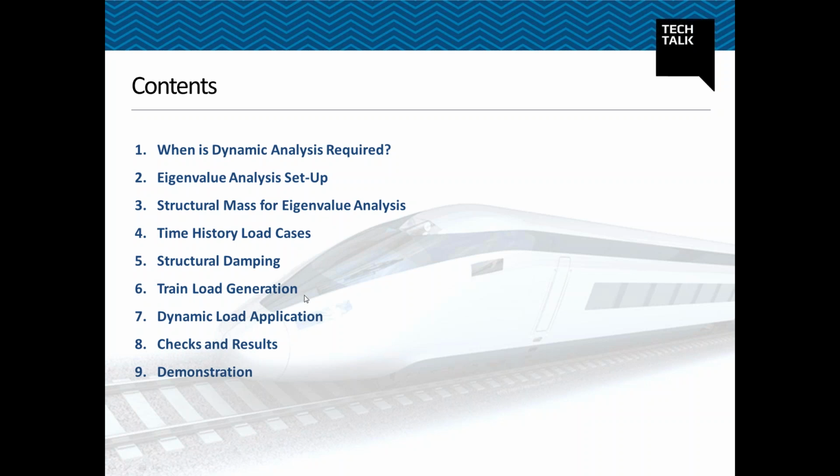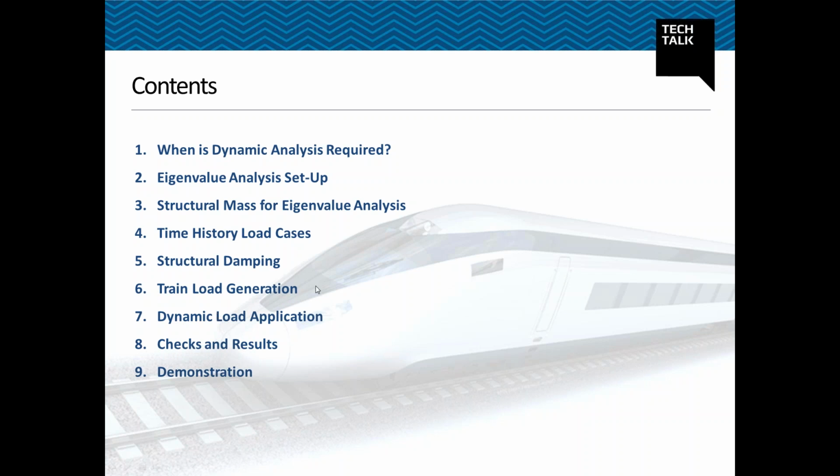I will also show you how to generate train load using the dynamic analysis method, this function called train load generator, and also I will generate train load using the static moving load analysis function in Midas Civil. And then I will apply these train loads generated from the train load generator using the dynamic nodal load function in Midas Civil.